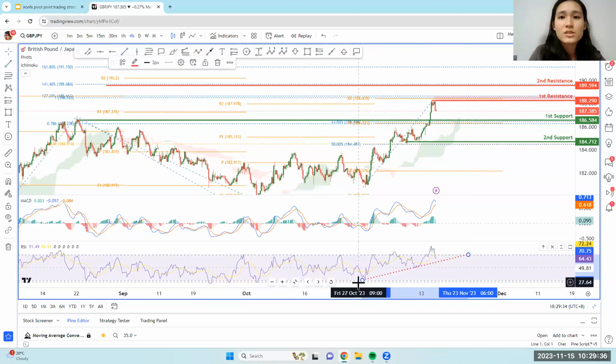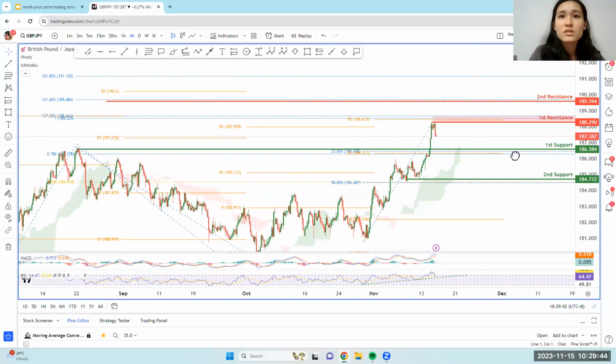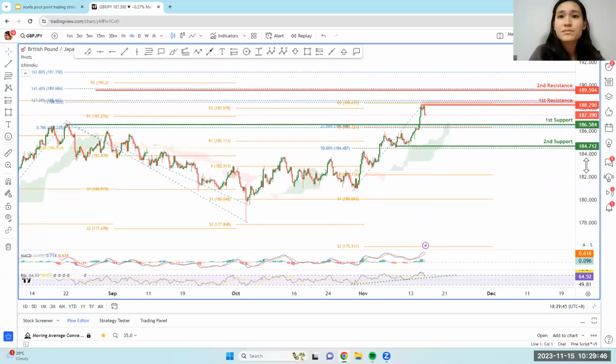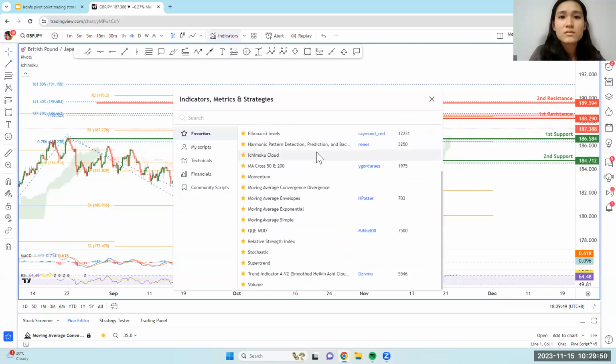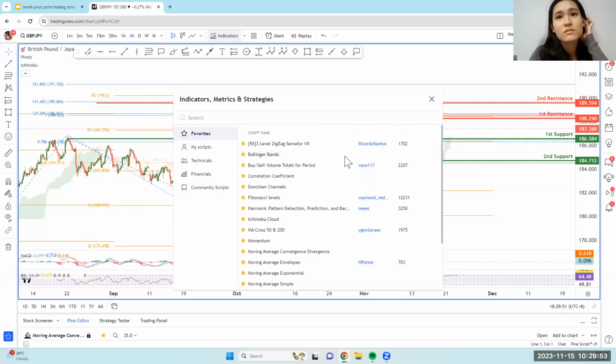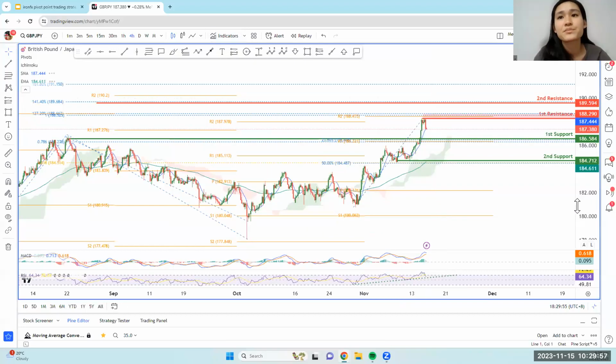It's also giving us a bullish signal. Let's look at EMA and SMA.